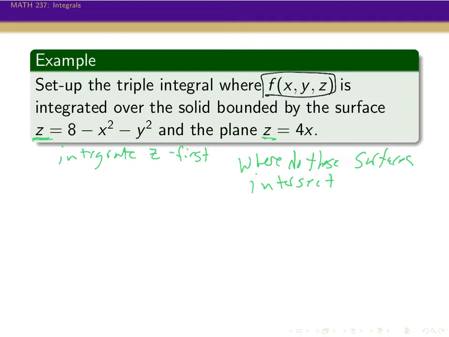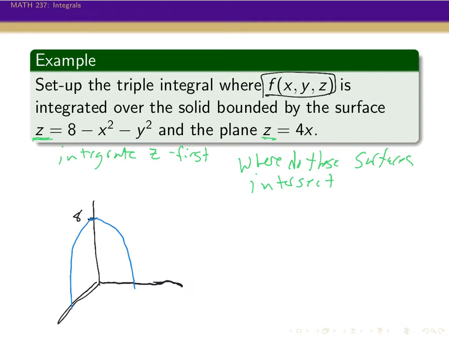Okay, so let's get a rough idea of the picture. The first one, 8 minus x squared minus y squared, that's what's called a paraboloid. We've seen these before. If you think about what's happening both on the xz plane and the yz plane, starting at 8, we have parabolas going down, like so.